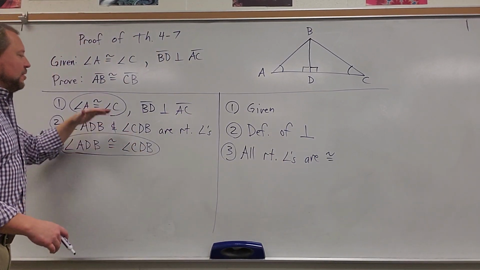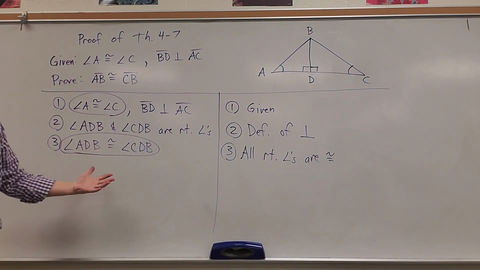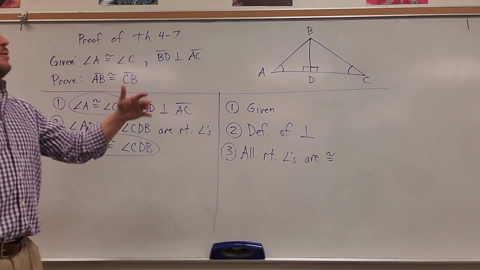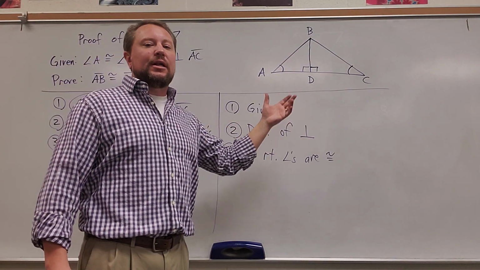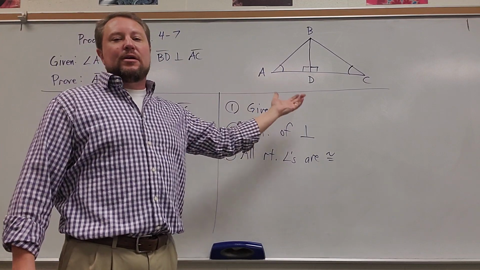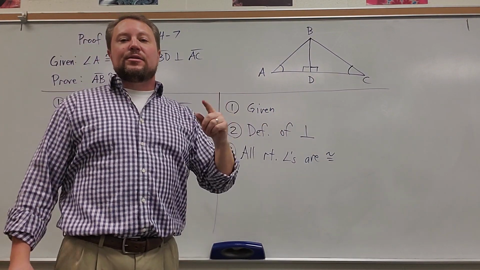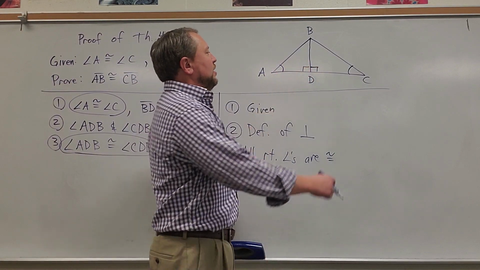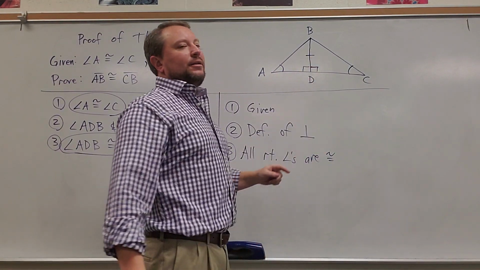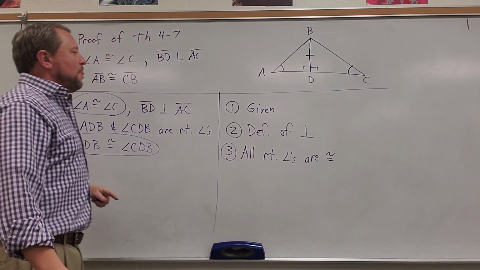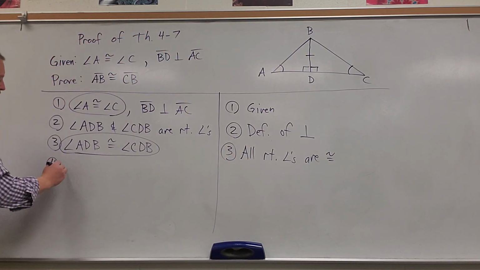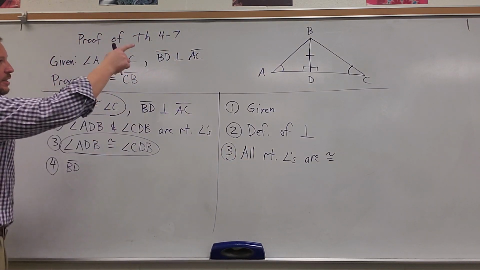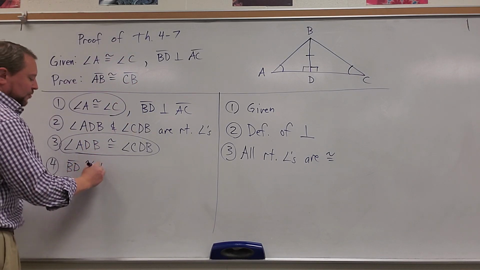The only problem is I've used up all my givens. So now I have to look back at my picture and see if there's anything else that I can mark congruent just by looking at the picture. And there is something we're supposed to keep an eye out for, and it's when triangles share a side. See that side down the middle? So we can state in step 4 that BD is congruent to itself.